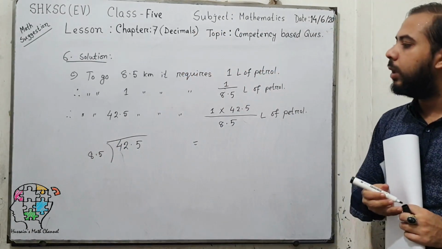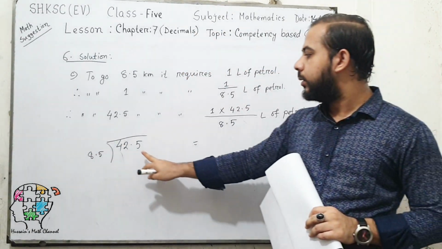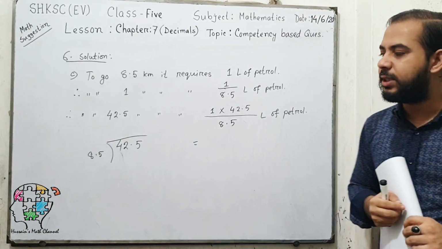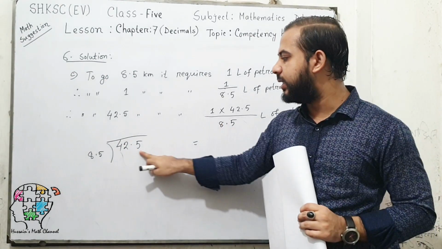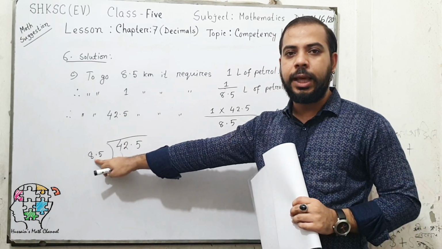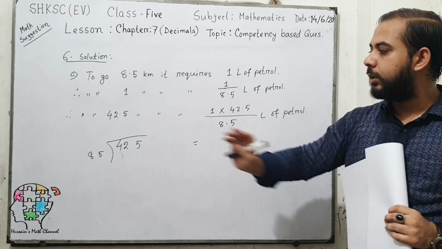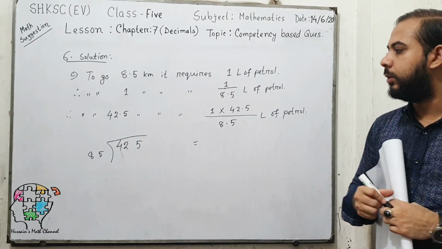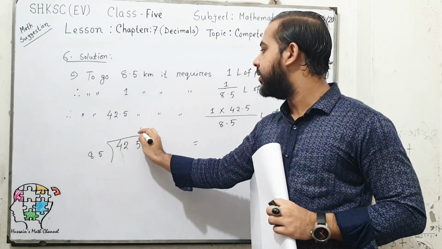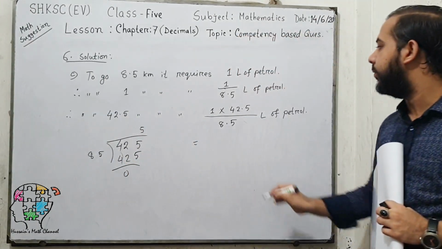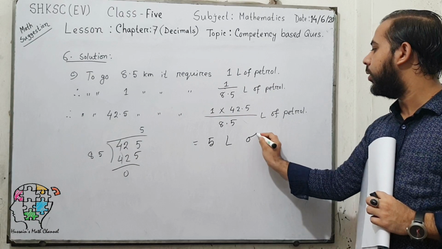Now remember, if there are both in dividend and divisor only one decimal or two decimal but similar kind of decimal digits, then we can remove the decimal points easily, and then it is a simple division method. So 5 eights are 425, so the answer will be 5 liter of petrol.